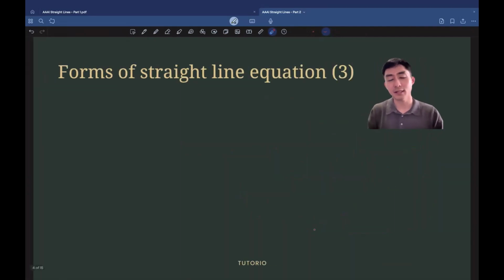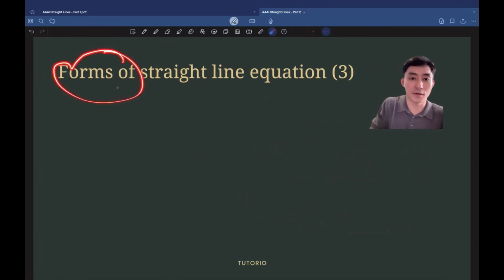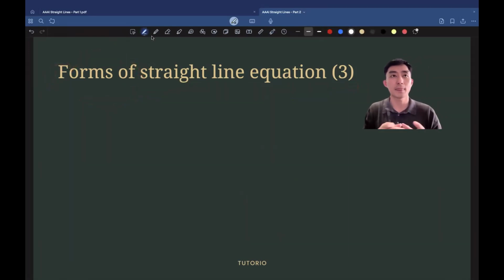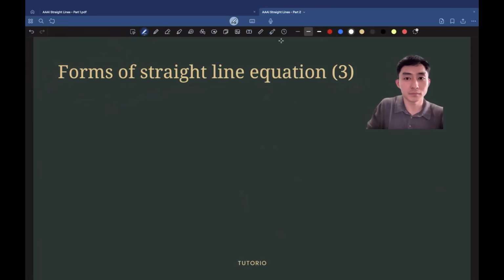All right. Now we are going to get to know the three forms of straight line equation. The first one we can get from the understanding of gradient. When we learned gradient, gradient is defined by y2 minus y1 over x2 minus x1, and this equals the gradient.